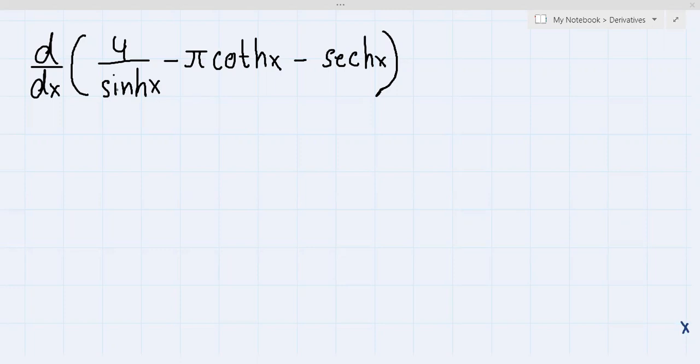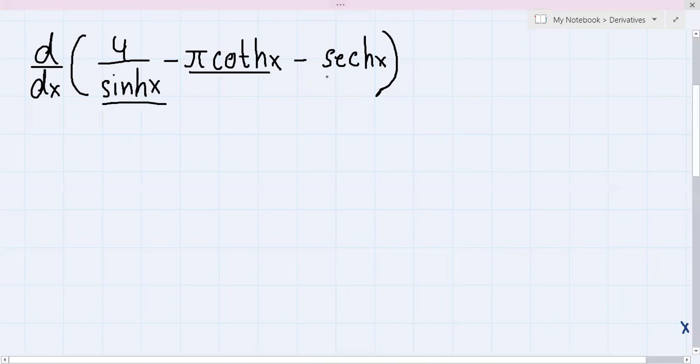Here, as you can see, we have 4 all over sinh x. When there is something like this, each of the terms is separated by addition or subtraction. To be particular, this first term would use the quotient rule.